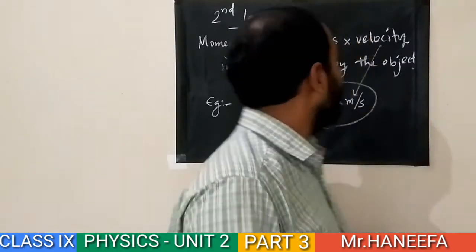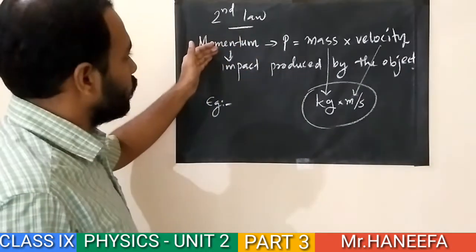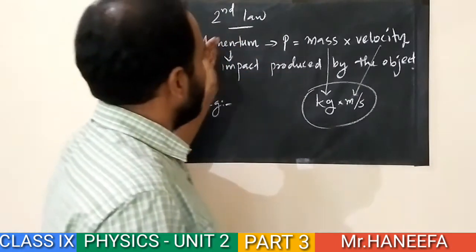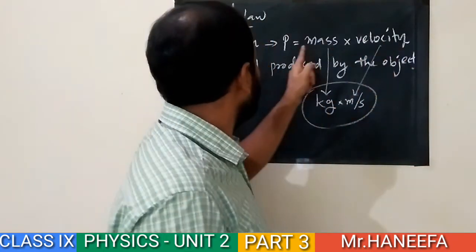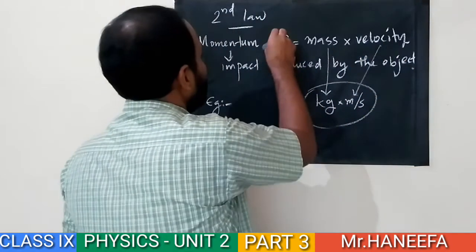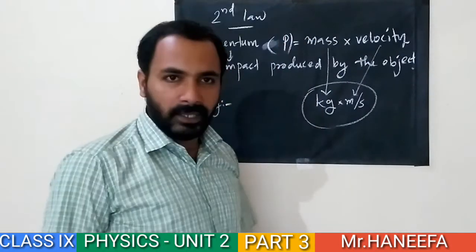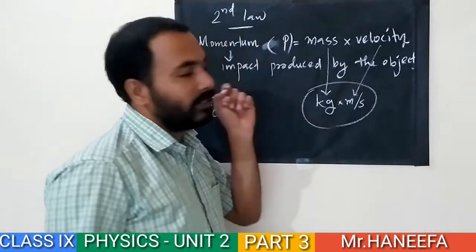Now let us discuss momentum. What is momentum? Momentum is equal to the product of mass and velocity. Momentum is denoted by the letter P. What is the equation to find momentum?